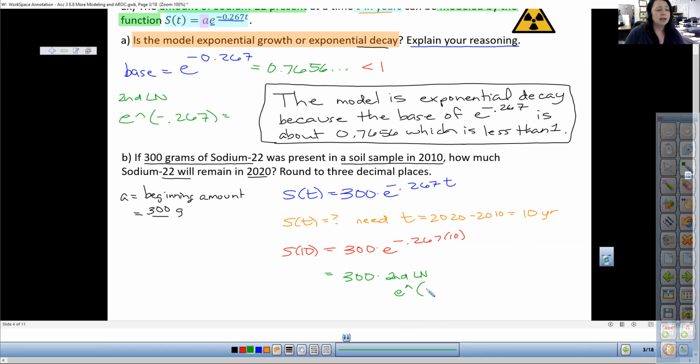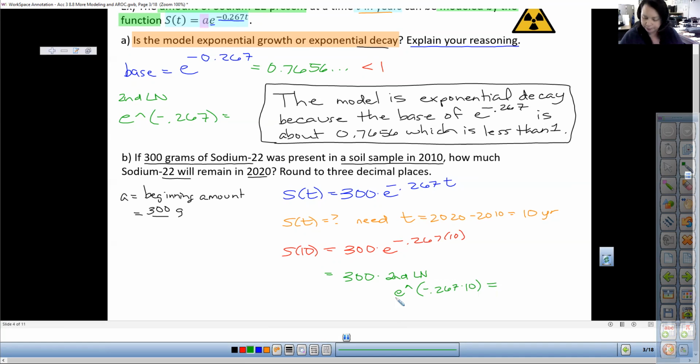So now inside here, I'm going to type my negative 0.267, and then I'm just going to do times 10. I'm not going to do an extra set of parentheses because if I don't do that exactly correctly with those parentheses, then I could get the wrong answer because the calculator will misinterpret what I want to be the exponent. So my calculation of times 10 is part of my exponent. So I would close my parenthesis after the times 10 and then hit equals.